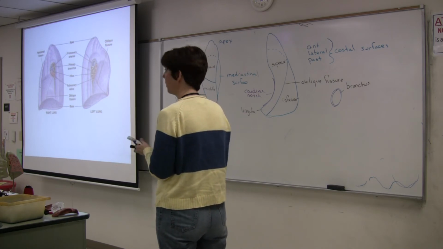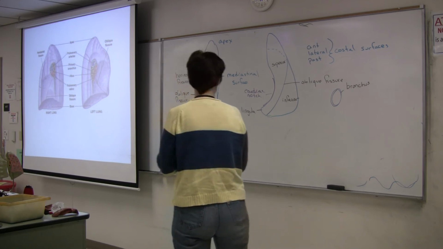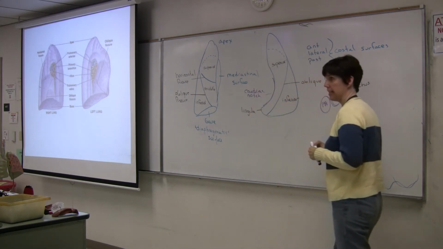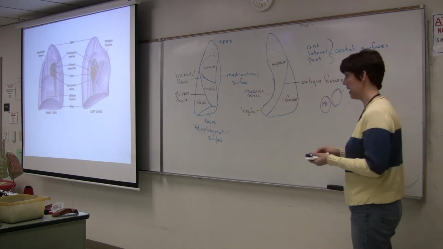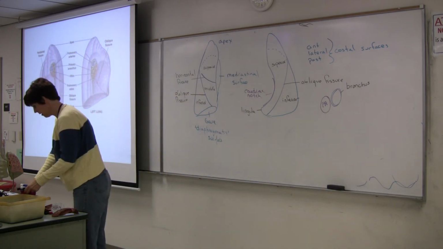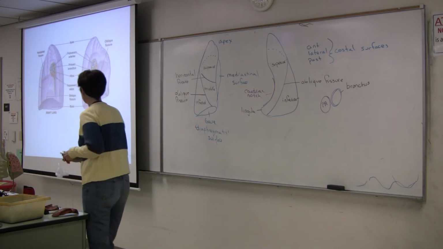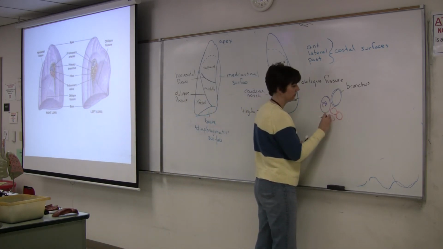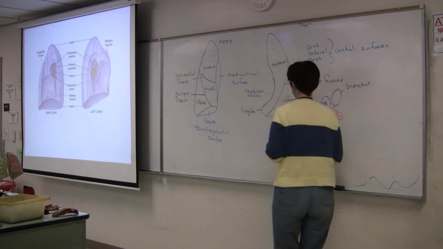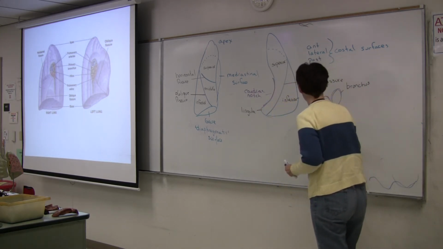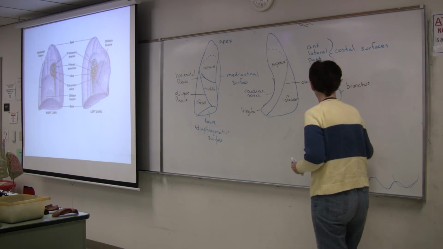And then we have the pulmonary artery anterior to it. Remember, the pulmonary artery is deoxygenated blood. And then the pulmonary veins would lie inferior. So this is the pattern of the right hilus.